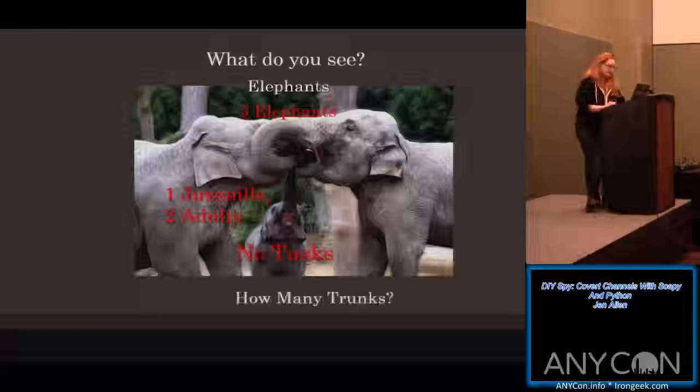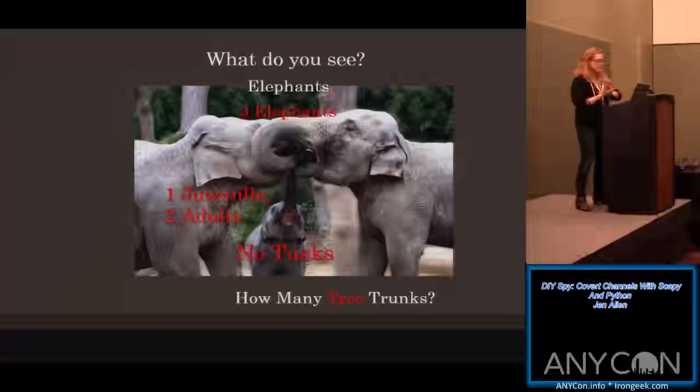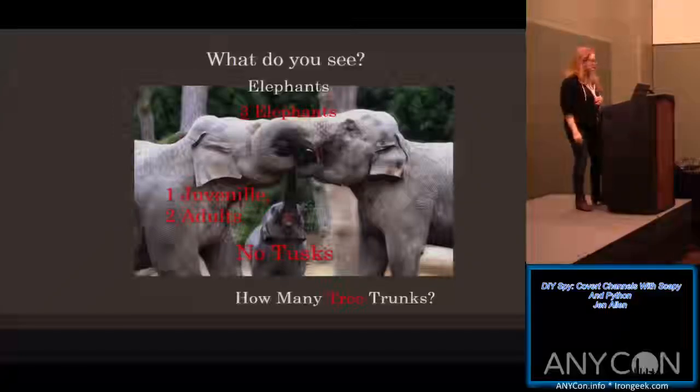How many trunks are there? Anyone? How many tree trunks? So the point here is, when you look at a piece of data, understand that every single bit, every single aspect, we could look at all of the color values on this picture. We could look at quantities of items.